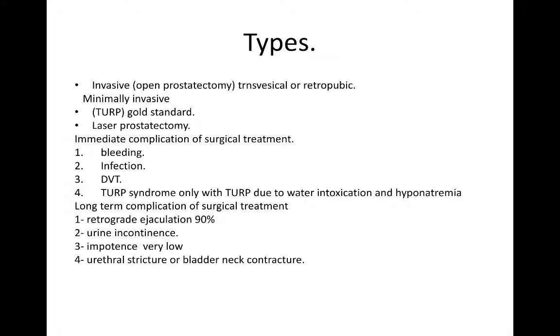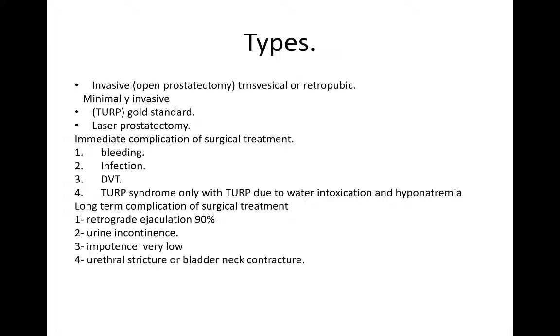The main complications of the surgical treatment of benign prostatic hyperplasia: we have immediate complications, bleeding, infection, DVT, and TUR syndrome. TUR syndrome occurs only with TURP, the transurethral resection of the prostate. TUR syndrome occurs because of absorption of a high amount of the fluid used during the procedure.